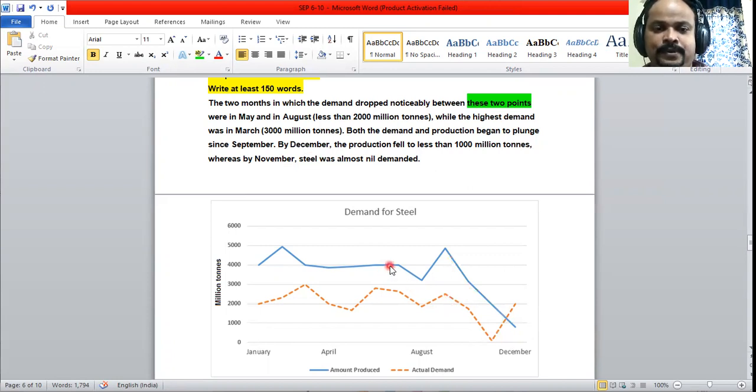Okay. Now I have the last paragraph. So you may ask that after that the demand rose for steel. That's also a significant data, so let's see whether I can include that.